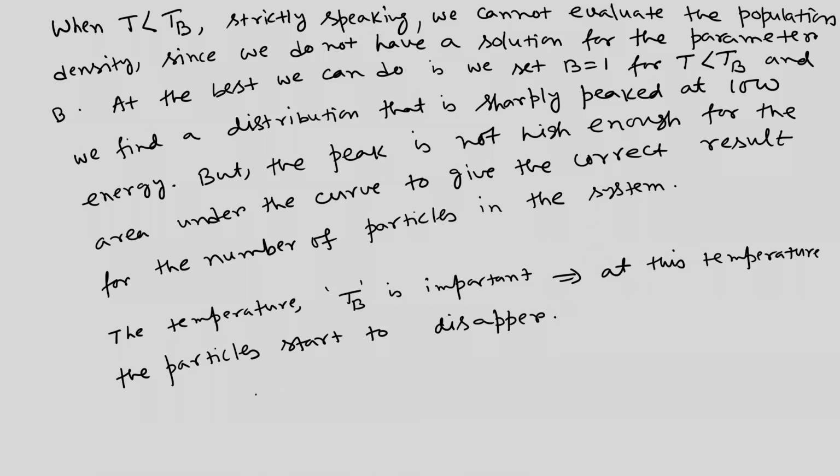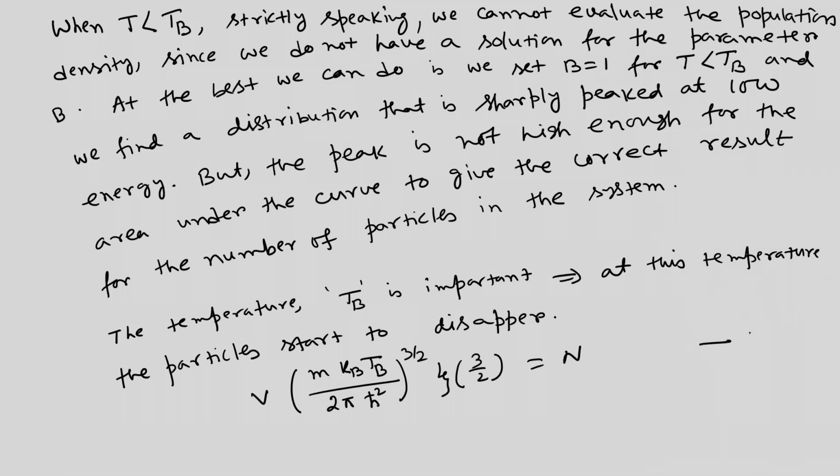Now we substitute T by Tb: (m kb Tb divided by twice pi h cross squared) to the power 3 by 2 times zeta 3 by 2 gives us n. So, this is our equation number 13.